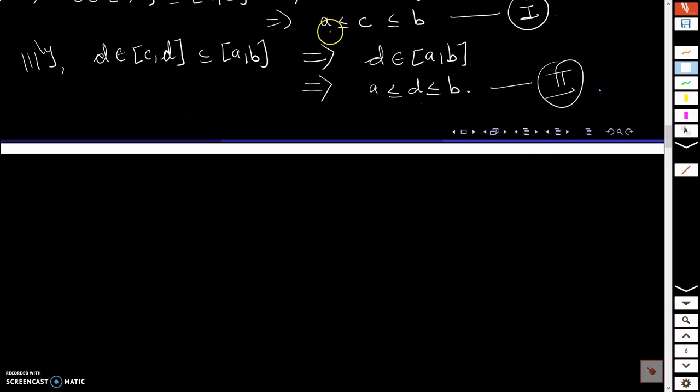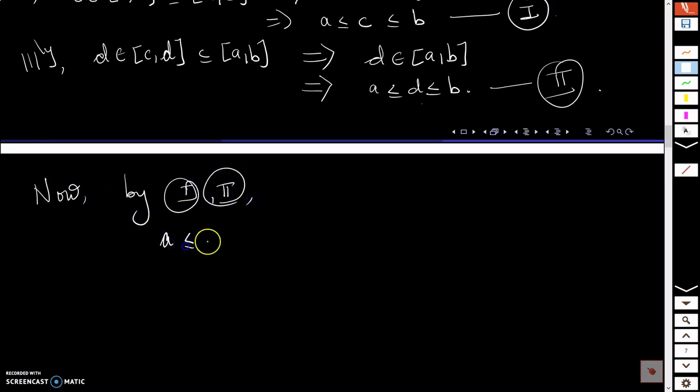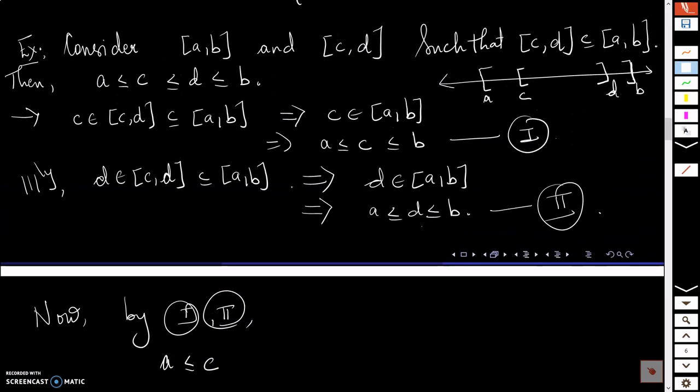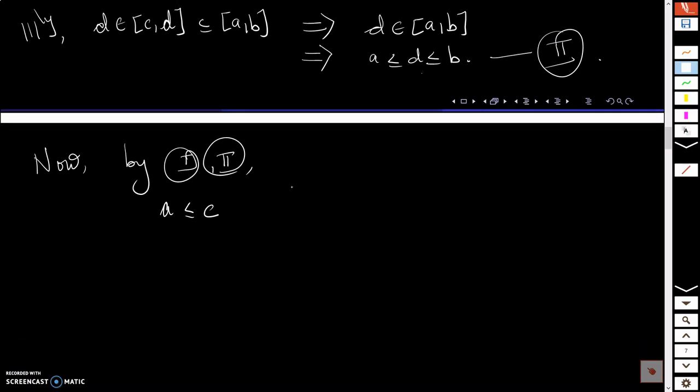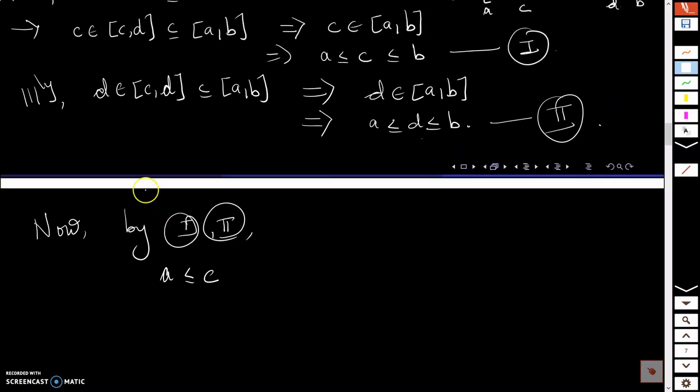Okay, now if I start from here, A is less than or equal to C. Now by 1 and 2, what do we have? A must be less than or equal to C, and an interval is given to me, C comma D. That means definitely C is less than or equal to D, right? So C is less than or equal to D, because that's how we had defined intervals.